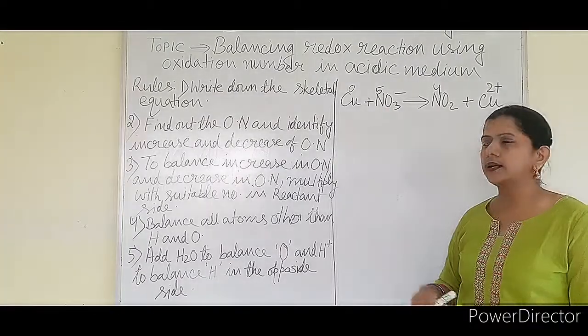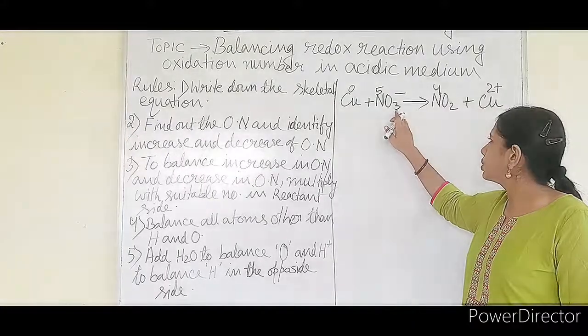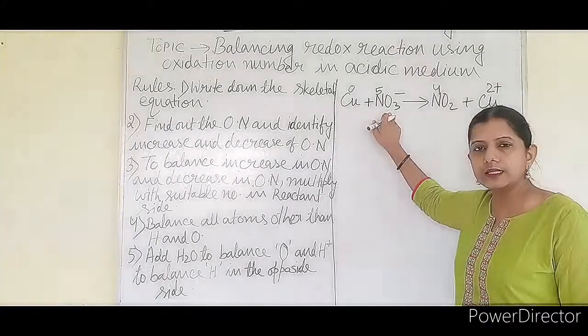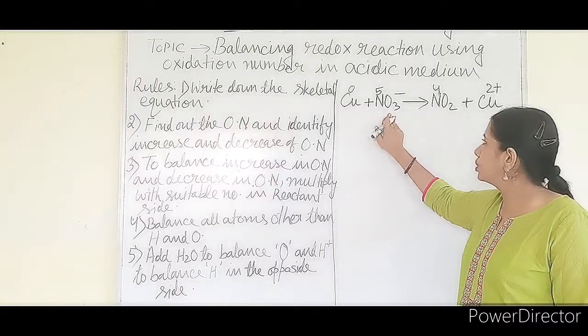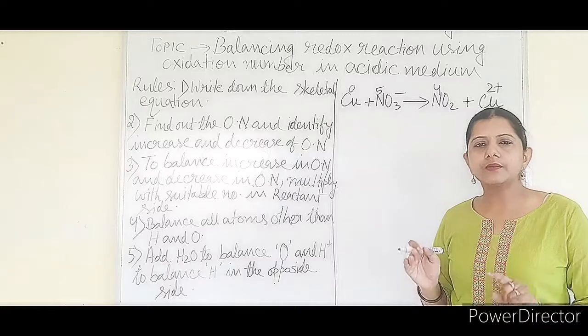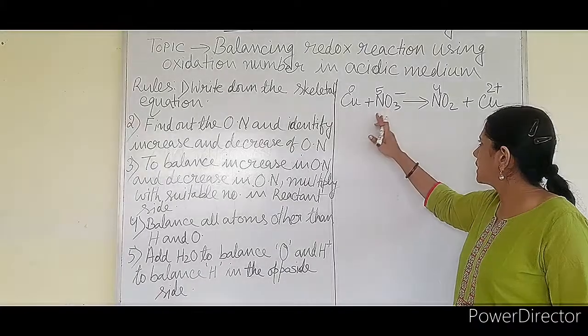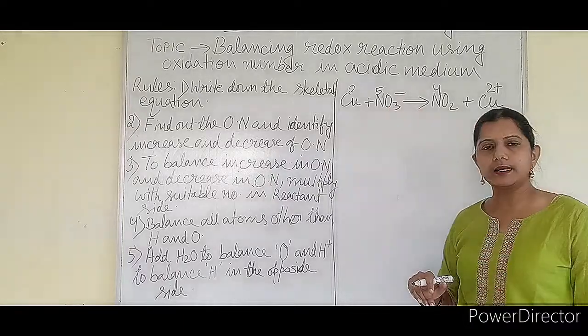So I have not written anything above oxygen. Now nitrogen. What is the oxidation state of nitrogen here? We know that the oxidation number of oxygen is -2, so 3 into -2 is -6. X plus -6 equal to -1.